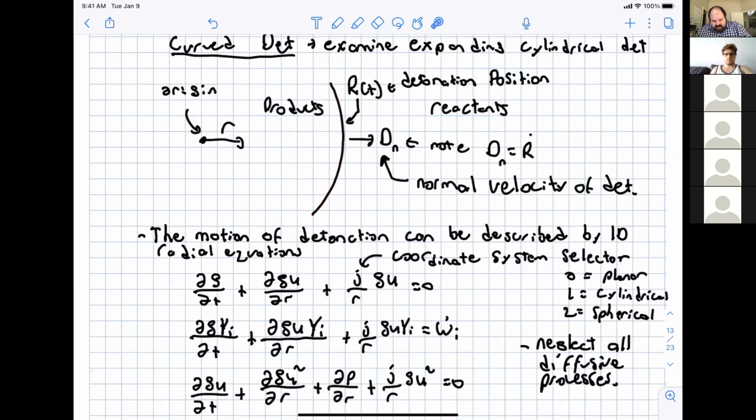Before I do that, just note that the detonation velocity is given by the time derivative of R, D = dR/dt. Here, capital D refers to the detonation velocity, which is tradition, so do not confuse that with a diameter of some sort.